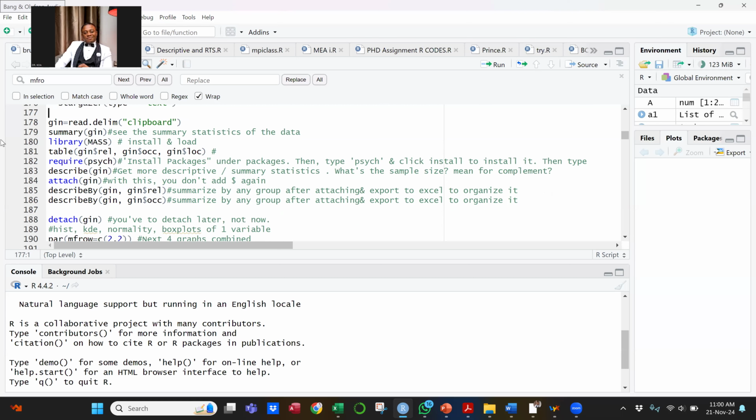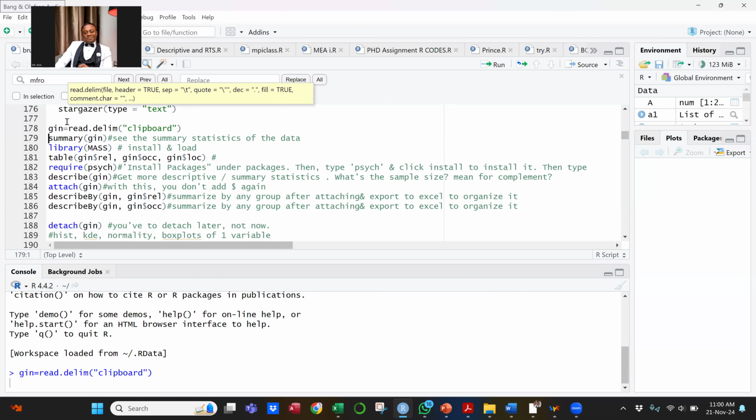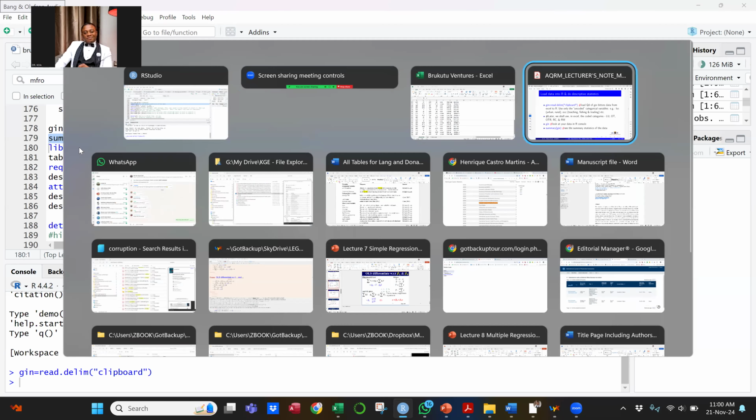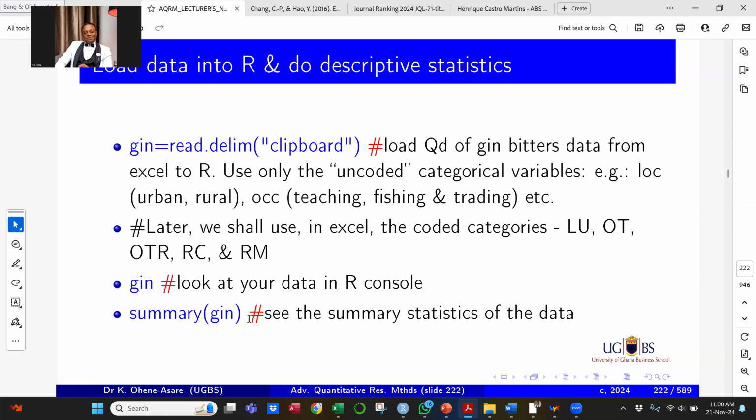So we've copied the data. Come to R, and since you have the slides, you can copy these things and run the data here. When you run the data, it comes down at the bottom. The summary statistics that we did, you can show it in the first command here. If you check the slides, I have that same summary here.